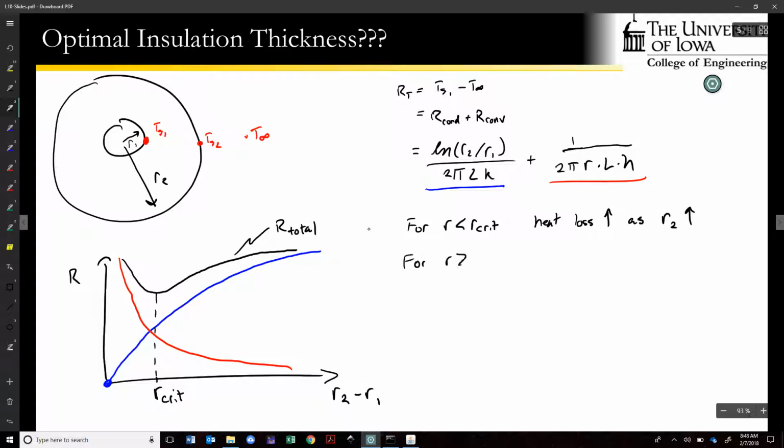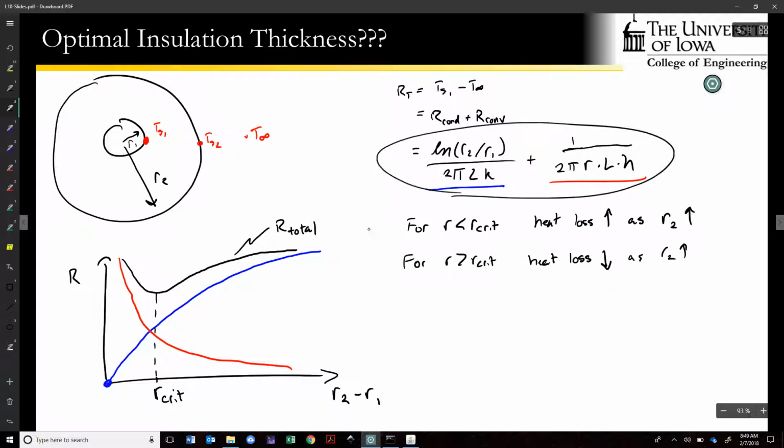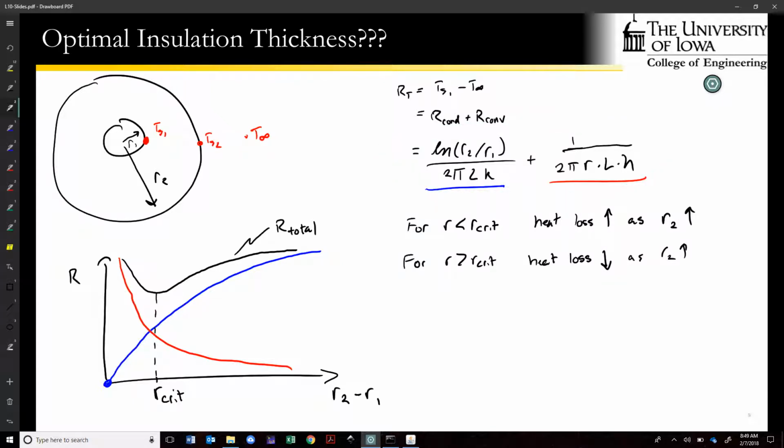For R greater than that critical radius, heat loss will decrease as R2 is made larger. And so you can actually solve for R2 by taking the total resistance, taking the derivative with respect to R2, and then finding where it's equal to 0, deciding whether it's a minimum or maximum, etc. I'll save you the trouble.